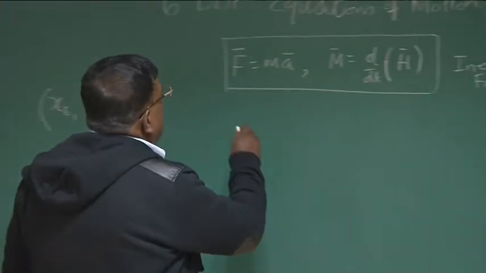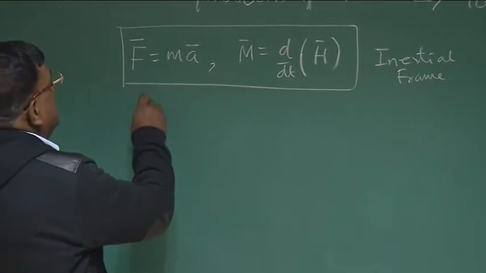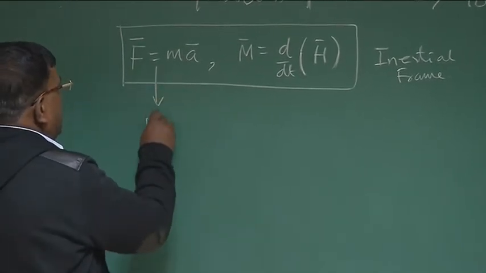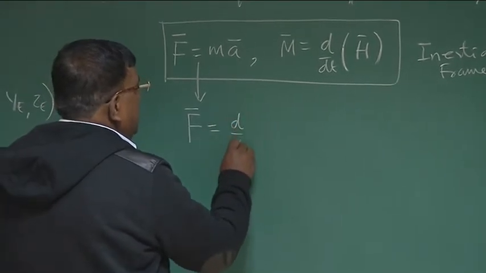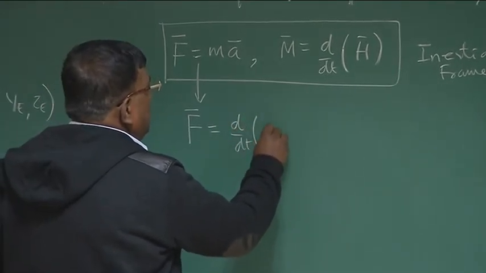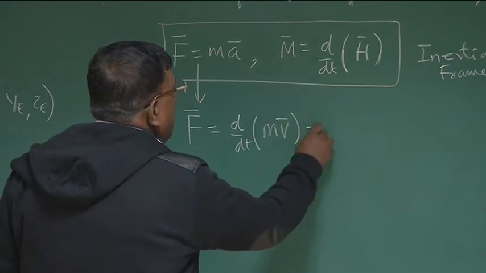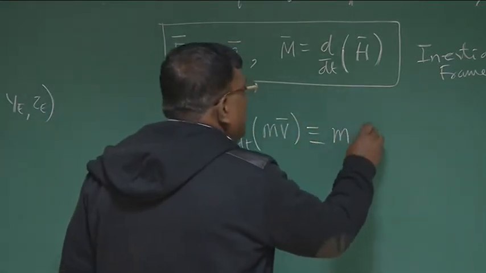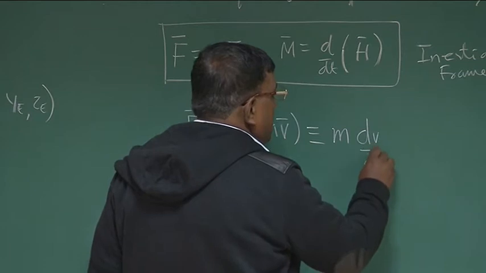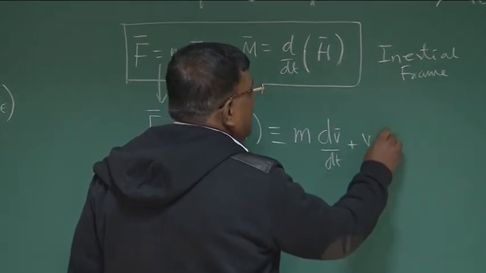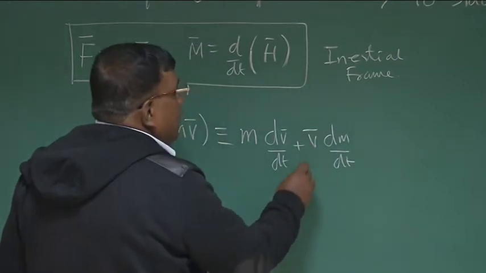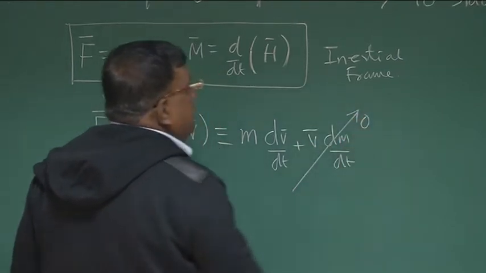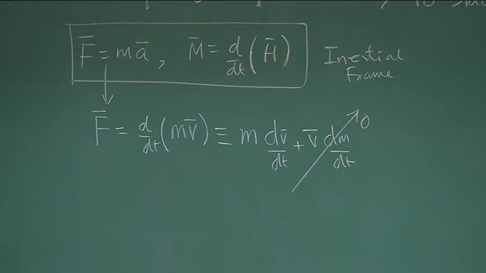Right. So in between, I can write this as d by dt of m into v, which is m dv by dt plus v dm by dt.